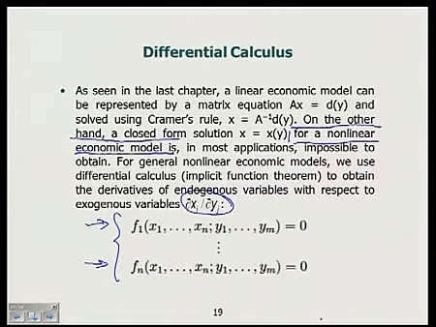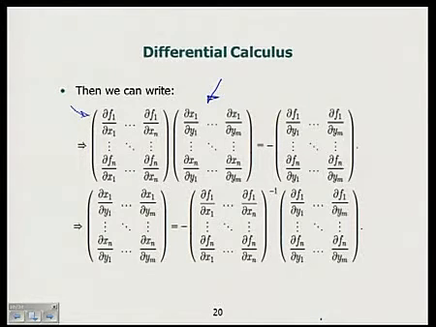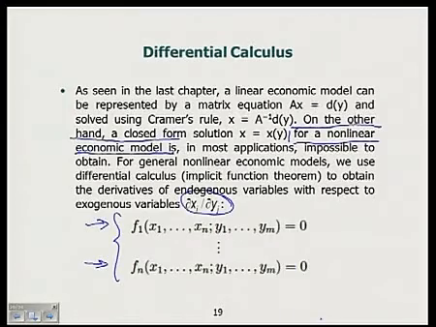We want to obtain the derivatives of the endogenous variables with respect to the exogenous variables. Then we build a system of matrices, and we want to compute minus the derivative of the function with respect to all the exogenous variables.